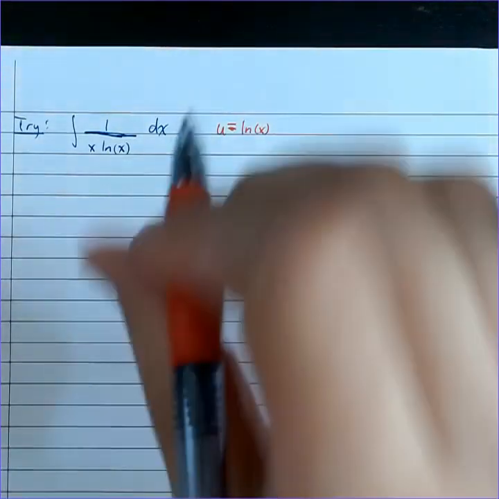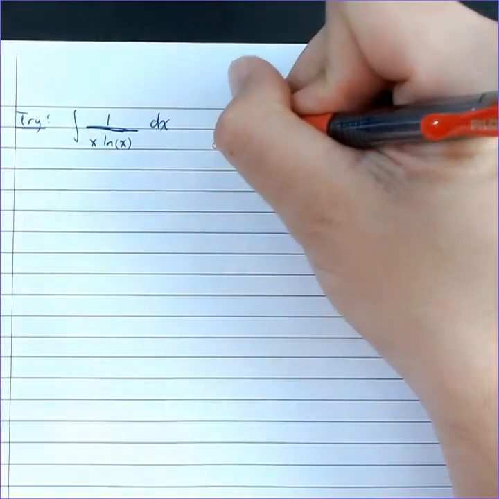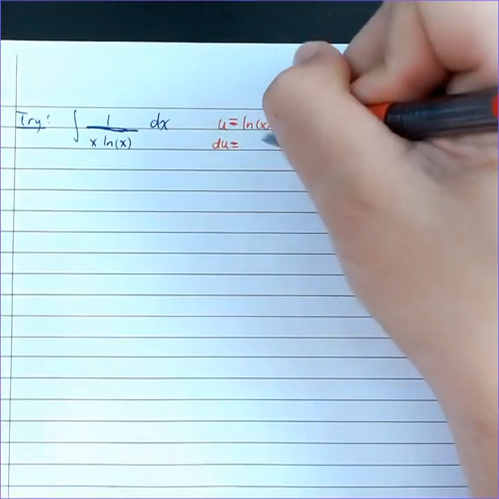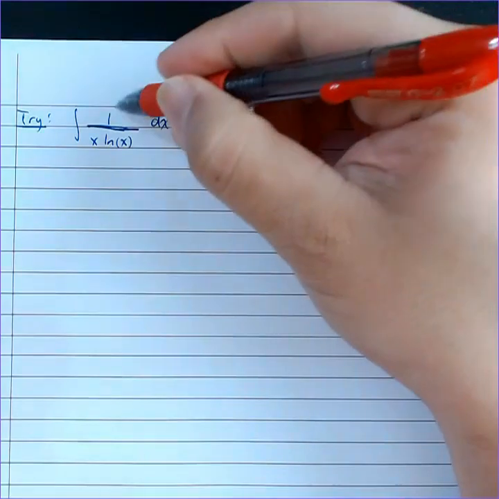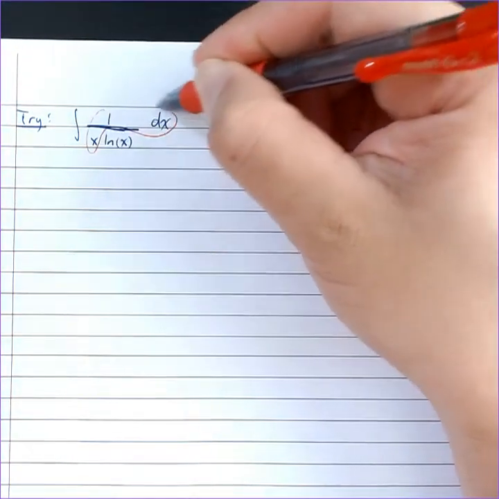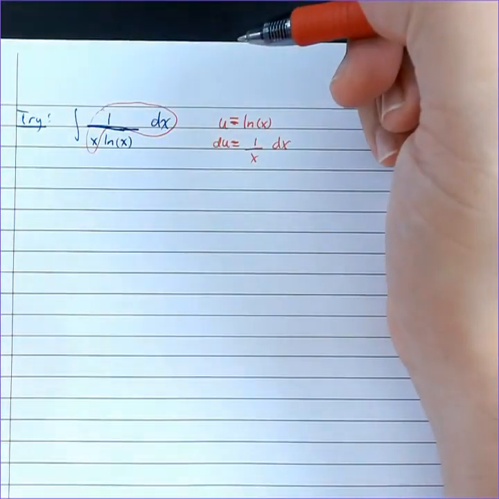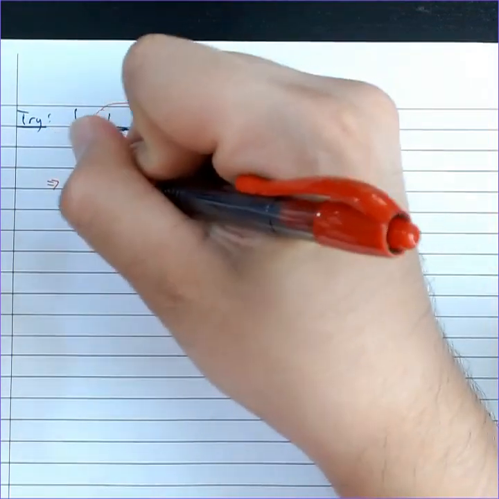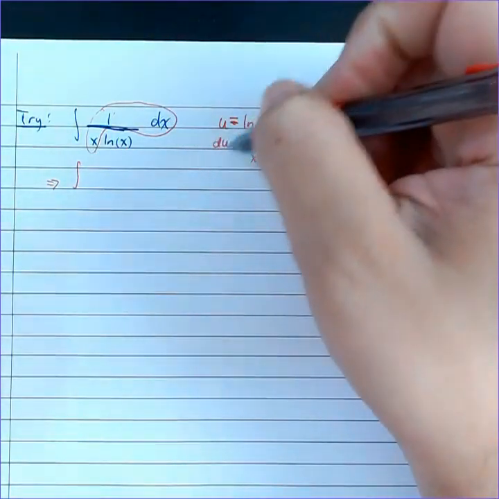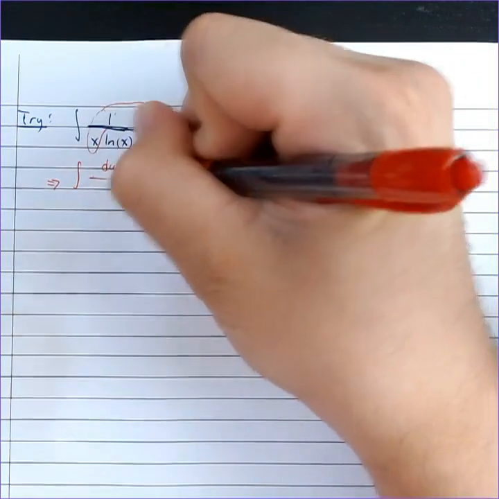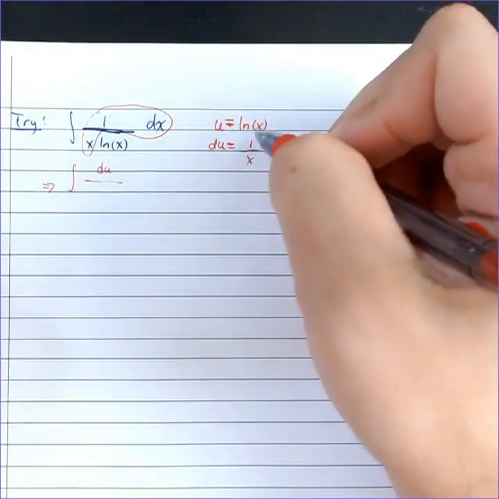If u is equal to the natural log of x, then du is going to be the derivative of the natural log of x, which we know is 1 over x dx, which is exactly this right here. So here we can write that as the integral. That 1 over x dx, that's just du, over the natural log of x, that's your u.